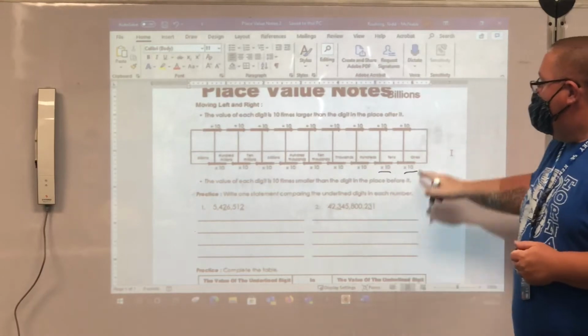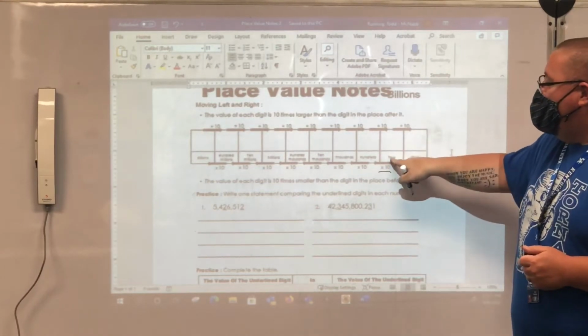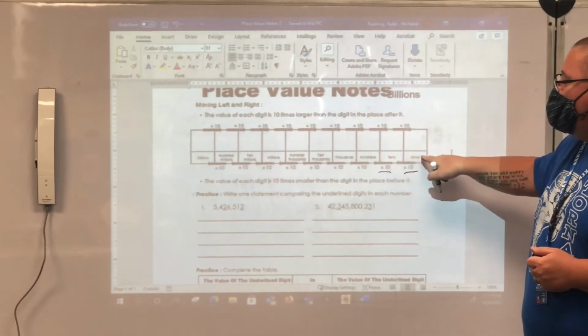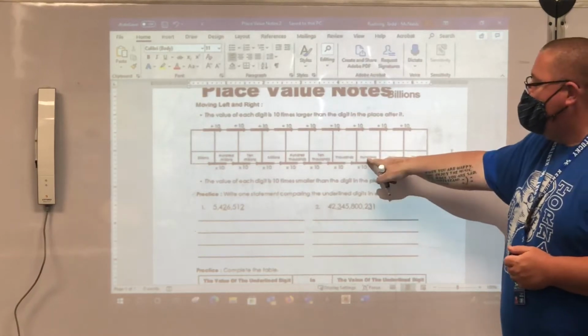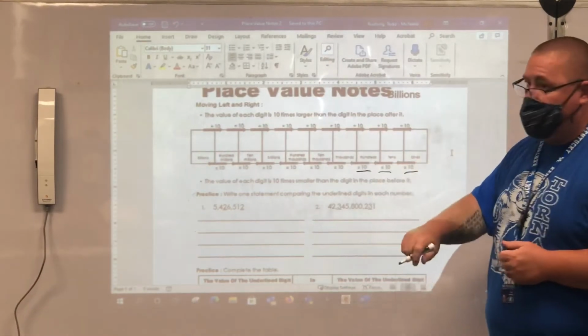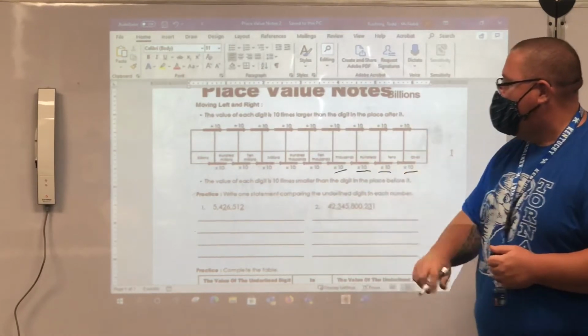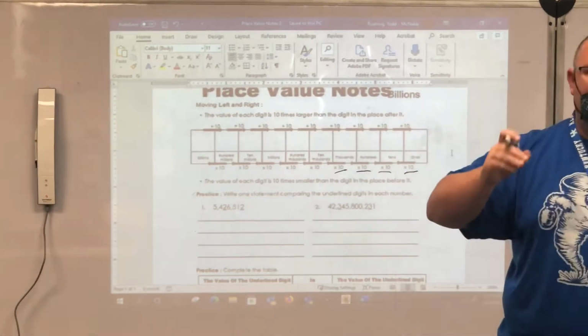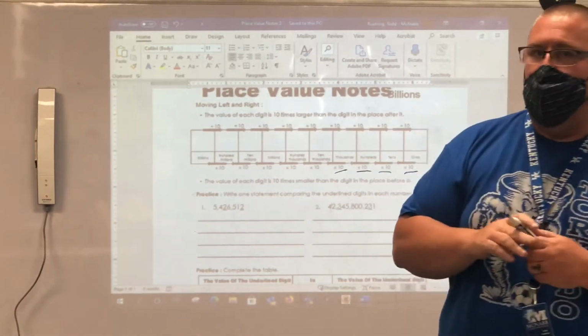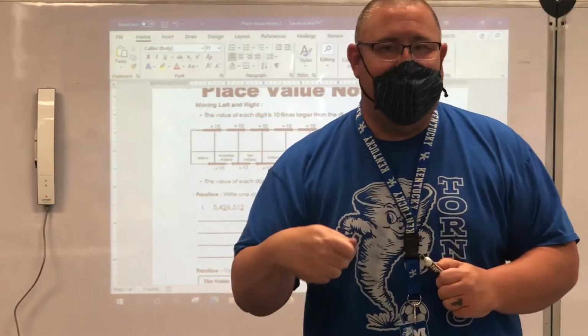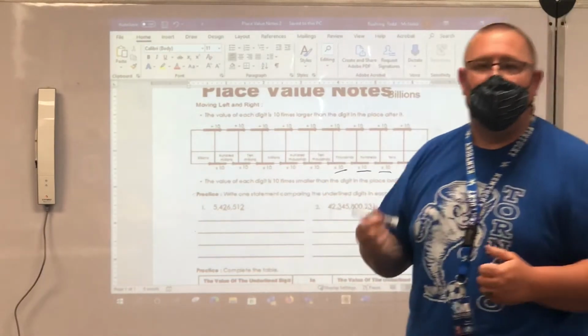The tens is 10 times bigger than the ones. The hundreds is 10 times bigger than the tens. The thousands is 10 times bigger than the hundreds, and so forth. Every unit within the period is 10 times bigger than the unit to the right.